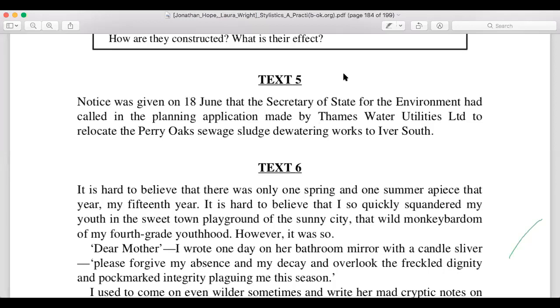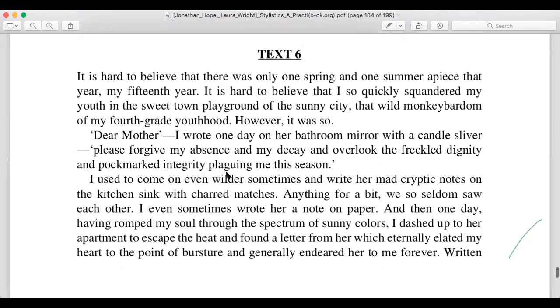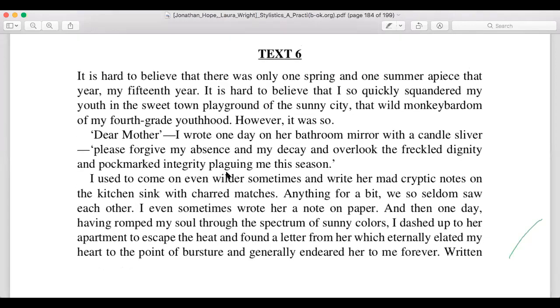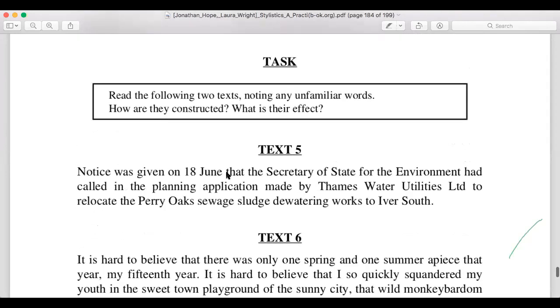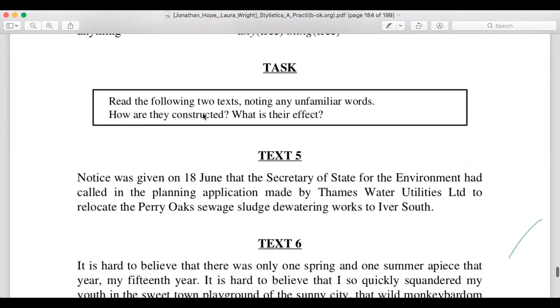Okay, let's come to the sixth one very, very quickly. In text 6, we are going to work with the morphemes. Basically, what we are supposed to do: read the following two texts, noting any unfamiliar words. This one was unfamiliar in text 5.